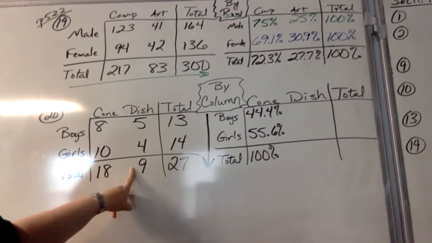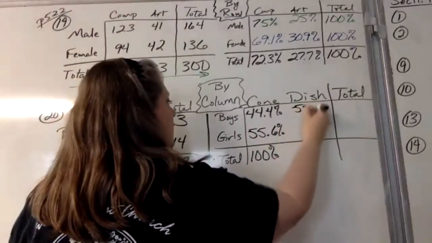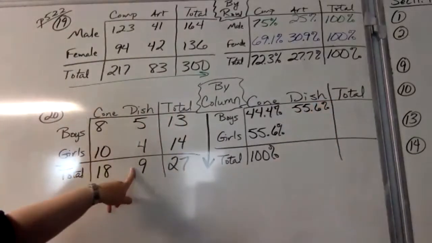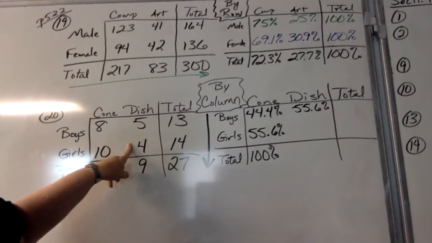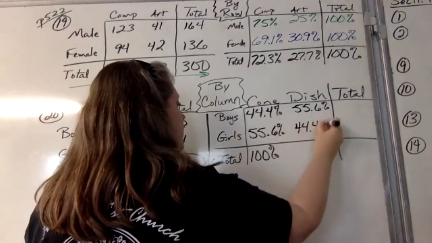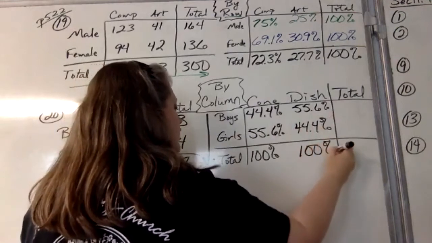It's the 0.5 repeating, so it's going to be 55.6. Then I have girls had it in a dish, so it's 4 divided by 9, so it's going to end up being 44.4%, which adds to 100%.